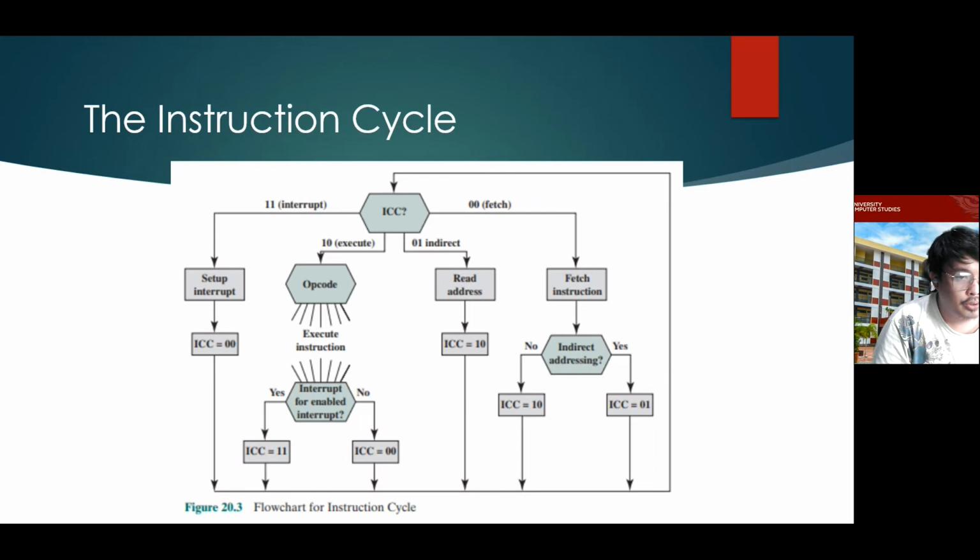We now assume a new 2-bit register called the instruction cycle code. Ito. And this ICC designates the state of the processor in terms of in which portion of the cycle it is in. 00 for the fetch, 01 for the indirect, 10 for execute, and 11 for the interrupt.